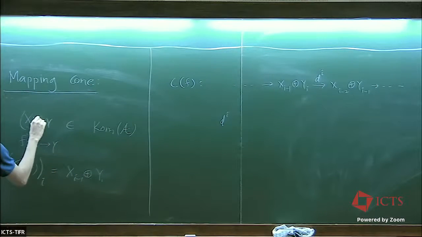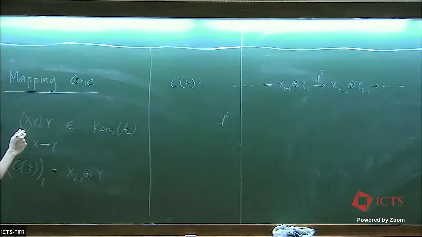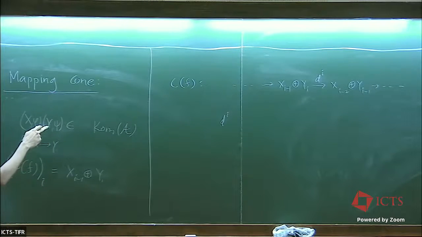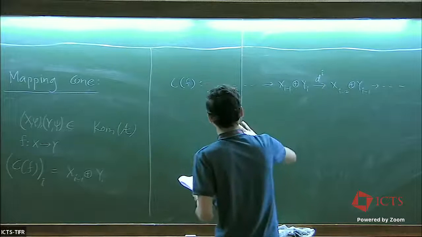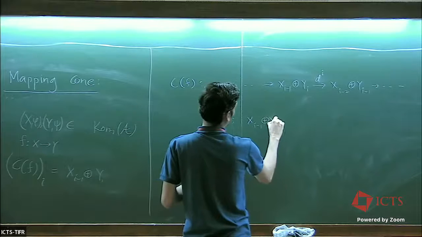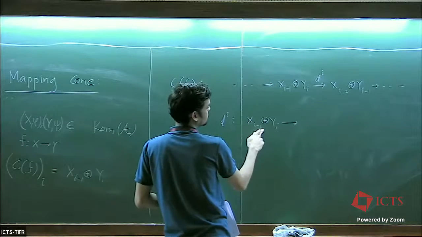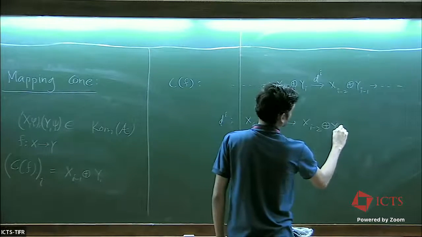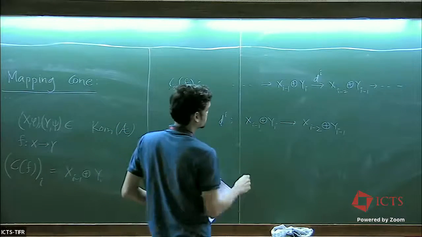So maybe let me just say that phi_i is the map, the differential in X, and psi_i is the ith differential in Y. Then we define this d_i from the ith component of the mapping cone C_f to the i minus first component as follows.